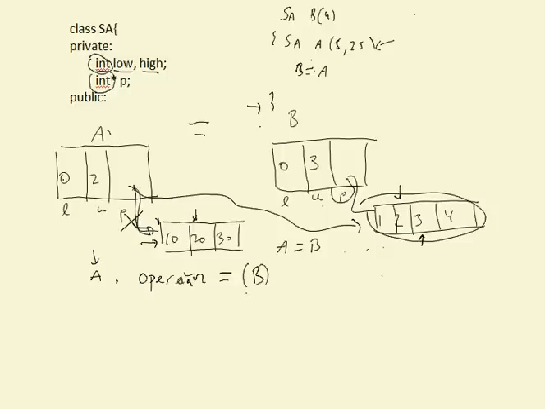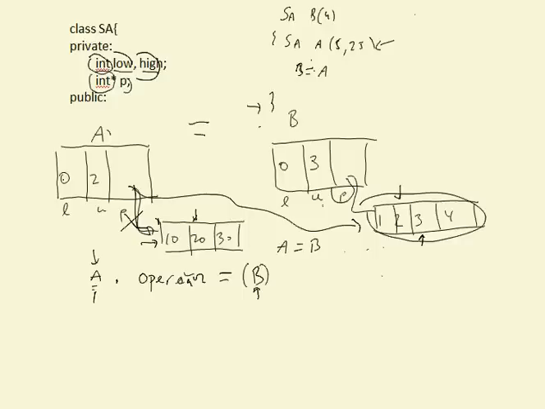So now, whenever we want to talk about the upper and lower bounds, for example, of A, or the P of A, we're simply going to say low when we talk about the lower bound of A, and we're going to say high when we talk about the upper bound, and we're going to say P when we speak about the pointer to the heap. But how do we end up talking about the lower and upper bound and P of B? So we're going to have some parameter.